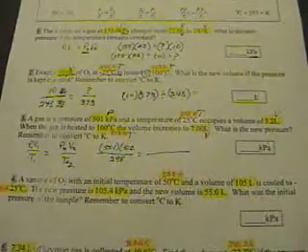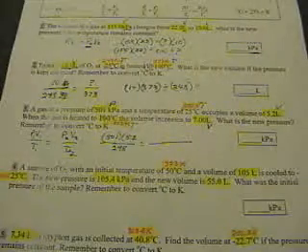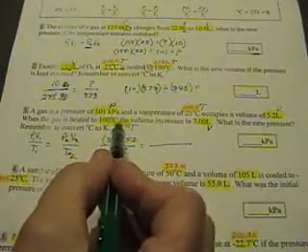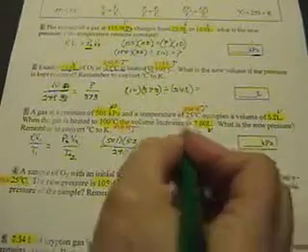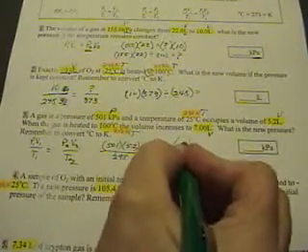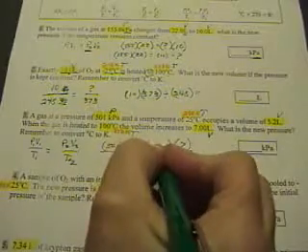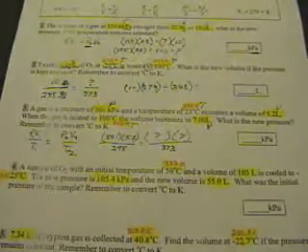Alright, so we've taken care of these numbers here, and now we need to take care of the other temperature was 373, and the other volume was 7, and the pressure that we're looking for is there.